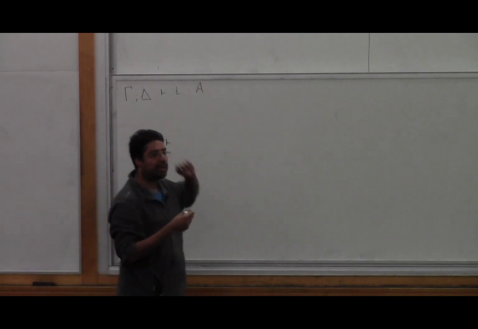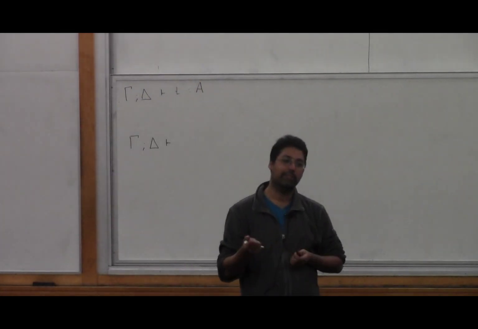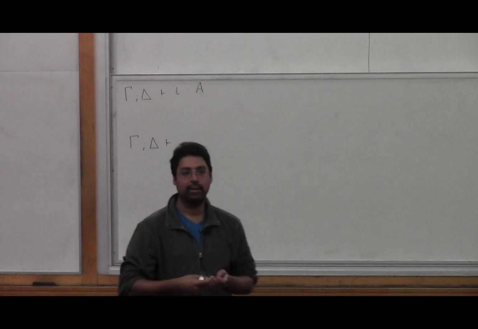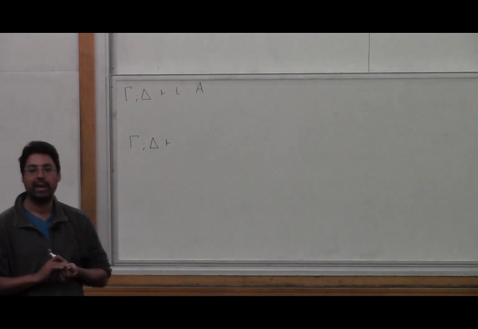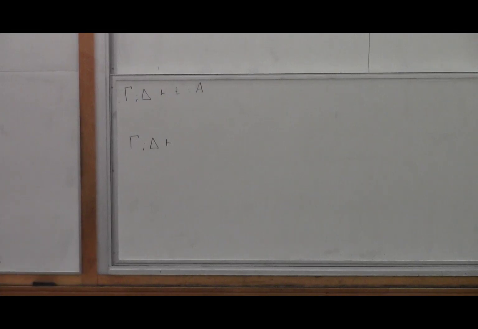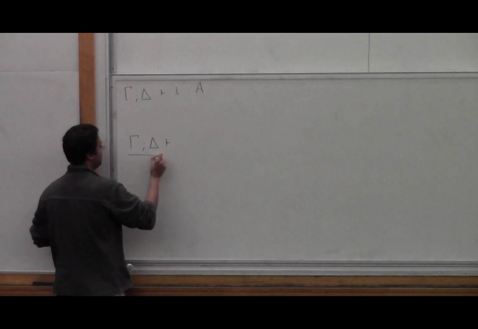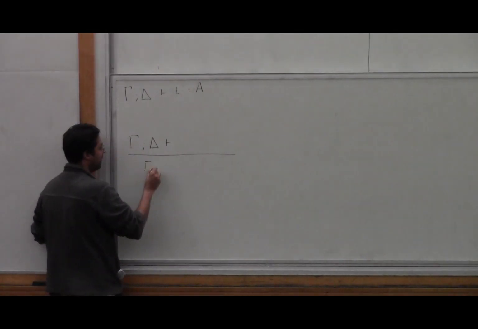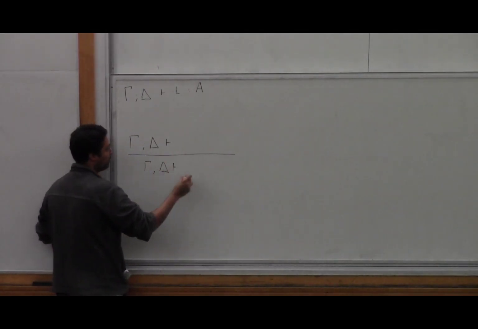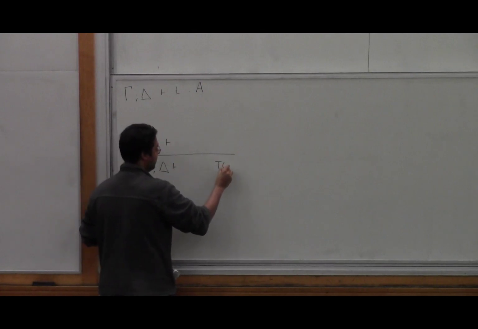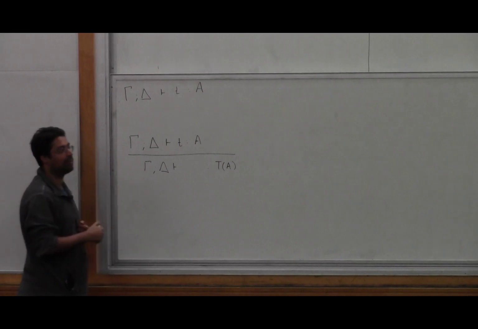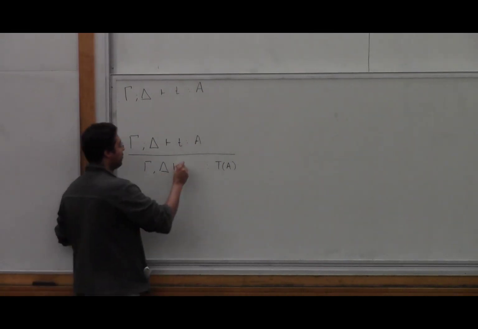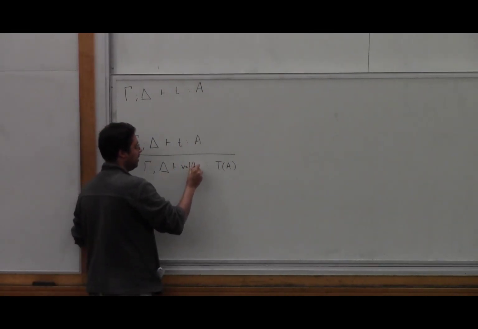So T of A is a monadic type of computation producing A. And this means that in addition to the basic operations, we also have a few structural primitives for computations. One of the primitives of computation is, if you have a pure computation of type A, then we can treat it as a computation.